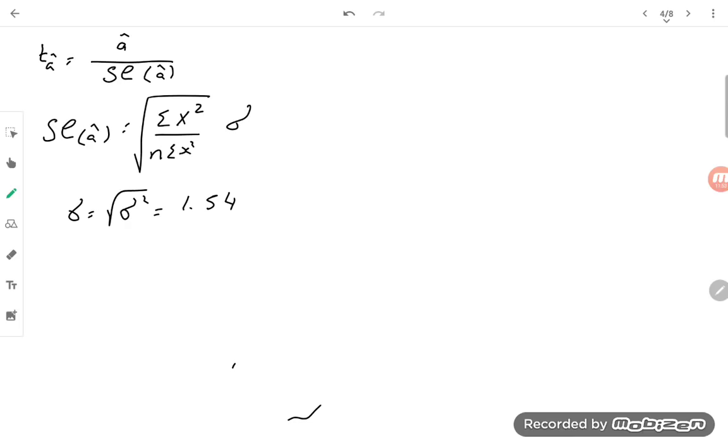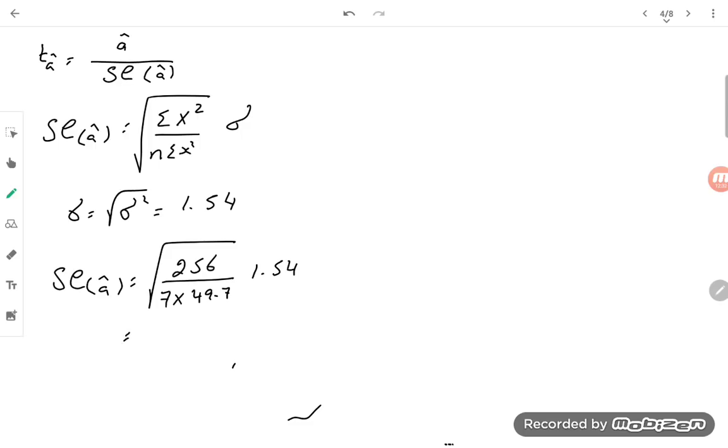Summation x squared equals 256, summation small x squared is 49.71, and n equals 7. So we can substitute in the standard error of a hat as 256 divided by 7 multiplied by 49.7, all under the square root, multiplied by 1.54.